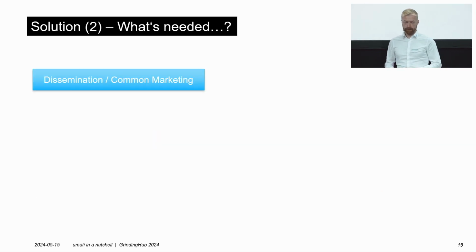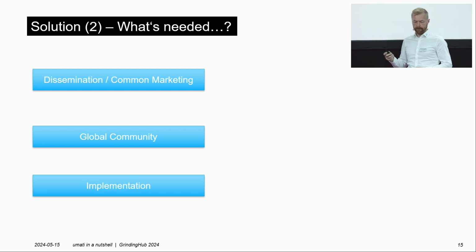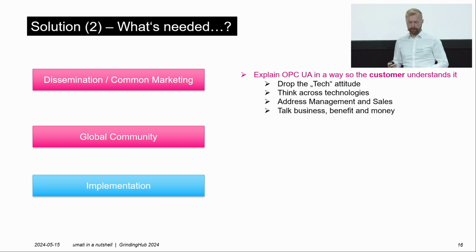So coming back to the solutions: the common marketing and dissemination, the global community, and the implementation of the open standards. What is happening there? What we are trying to do is explain what OPC-UA is for regular people without going too deep into the technical details.